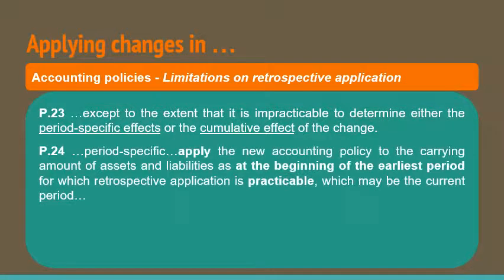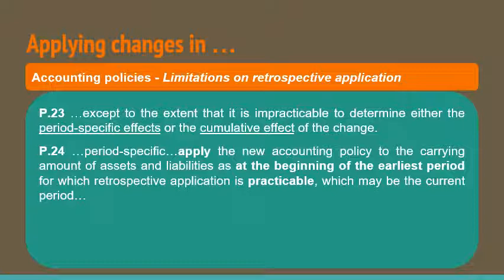Paragraph 24 further explains that for period-specific effect, if it is impracticable to determine it for one or more prior periods presented, then apply the new policy to the carrying amounts of assets and liabilities as at the beginning of the earliest period for which it is practicable, which could be the current period, and make a corresponding adjustment to the opening balance of each affected component of equity of that period.